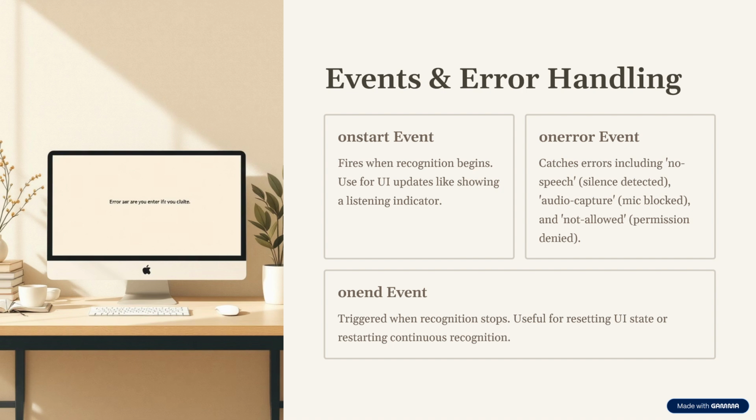That's why we have used the onstart event. On error, like if a person is silent, then detection is not done or the mic is blocked, then a notification or some symbol tells about that. And we have the onend event, which is triggered when recognition stops, useful for resetting the UI state.